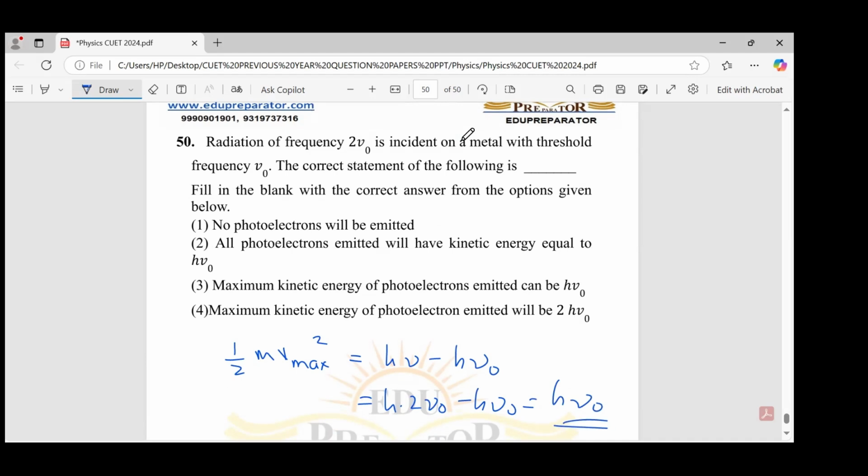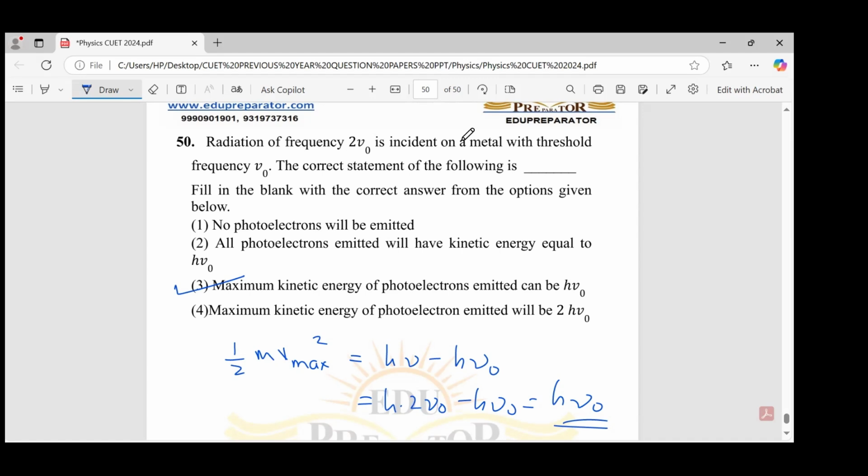It is the maximum kinetic energy of the electron which will be calculated, because the radiation frequency is double the threshold frequency. The first option is incorrect. Electrons will be emitted, and the maximum kinetic energy will be equal to h nu naught. So half m v max squared is equal to h nu naught, the maximum kinetic energy of the electrons, right?